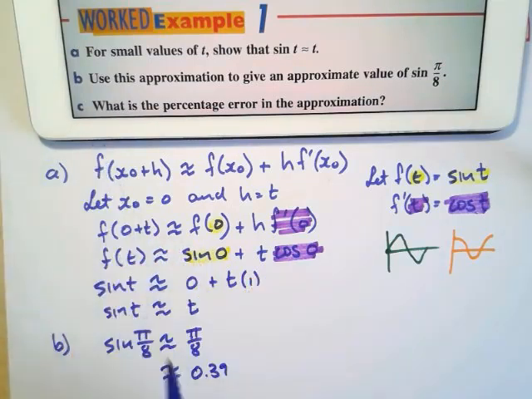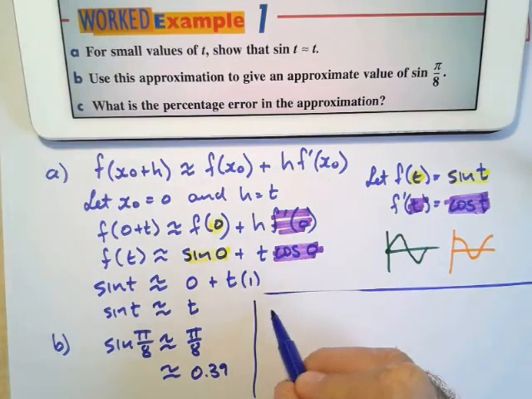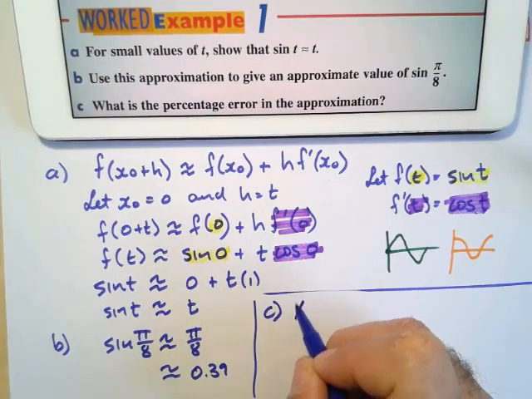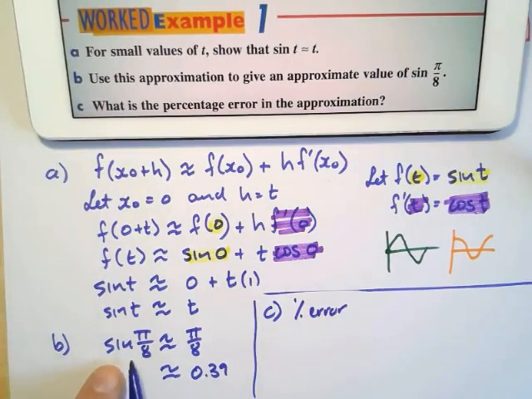Now, what is the percentage error in this approximation? I'm just going to do it here so I have more space. So for C, what is the percentage error? The percentage error will be the difference between the real answer and the approximate answer.